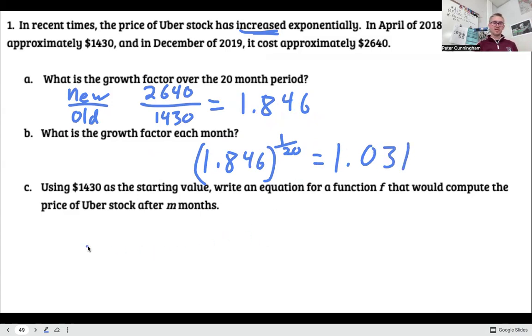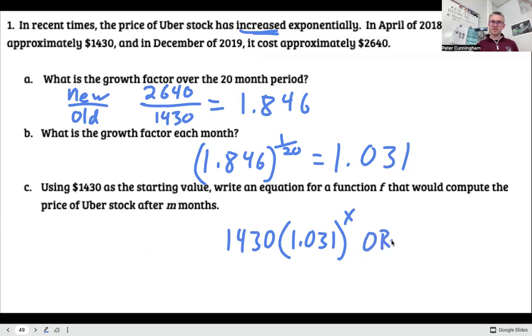Okay, so how would I get this stock, right? It started at $1,430. What's happening per month is 3% growth. And I can take it to the power of X, however many months go by.